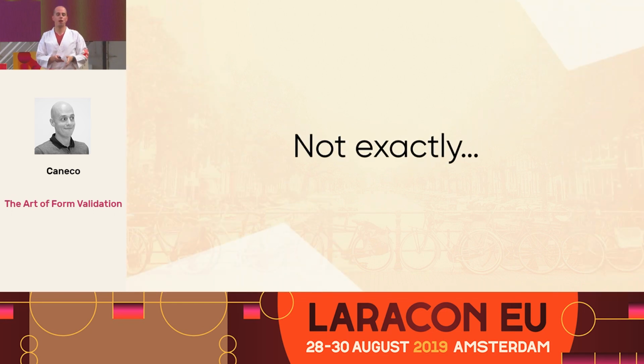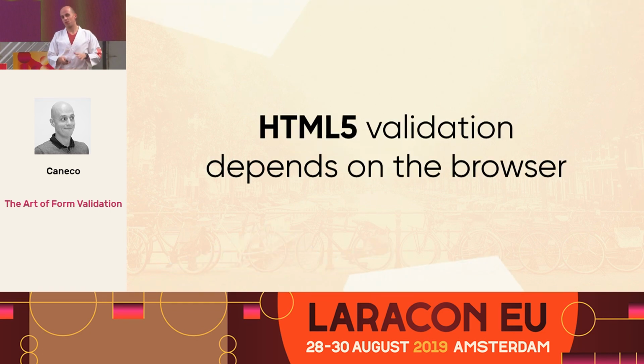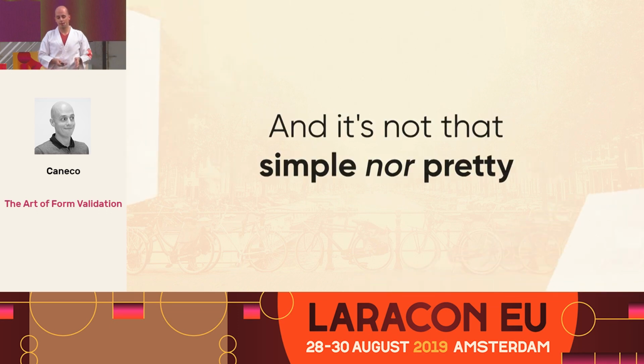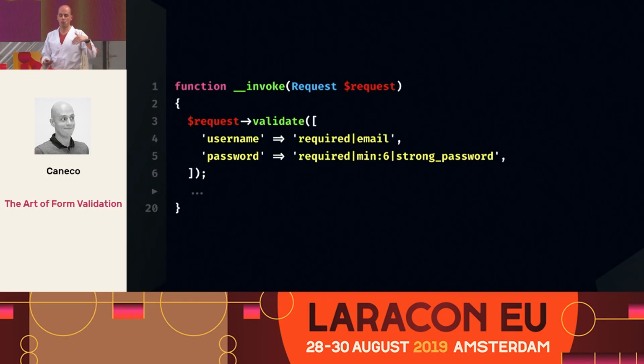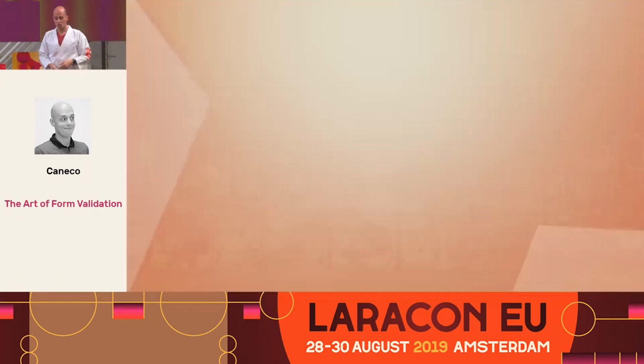So we just saw how to validate through HTML5. And HTML5 validation is a little bit dependent on the browser. It's modern these days, everyone has a modern web browser, but still, it's not that simple or pretty. Compared to what we are more used to, like the Laravel validation, it's not that pretty. So what can you have?